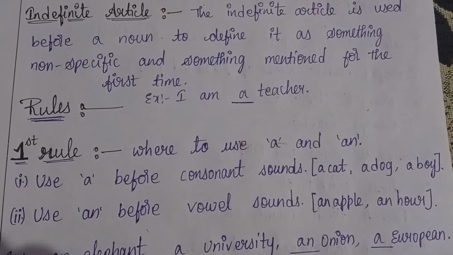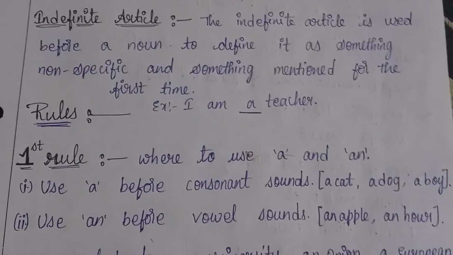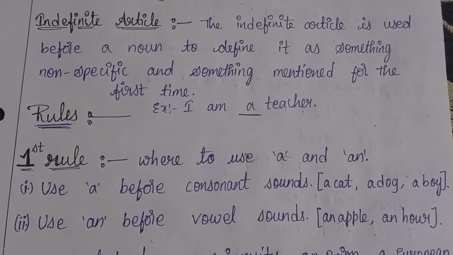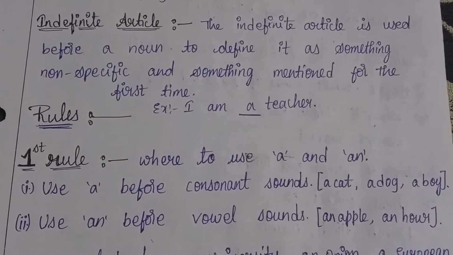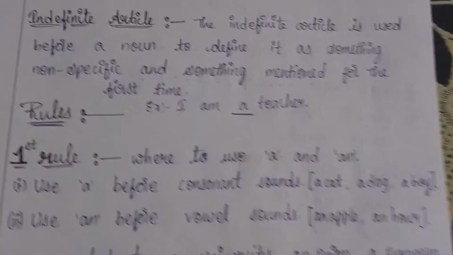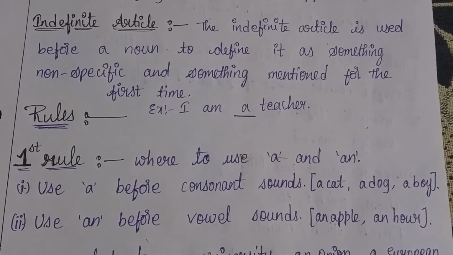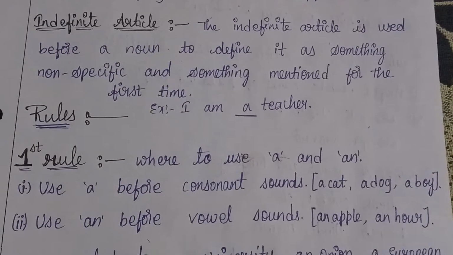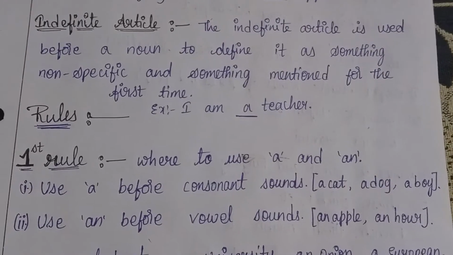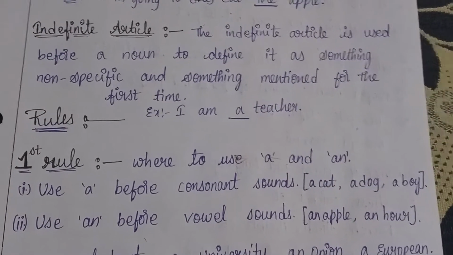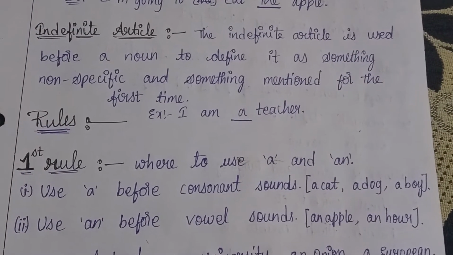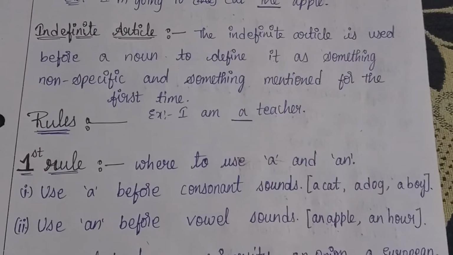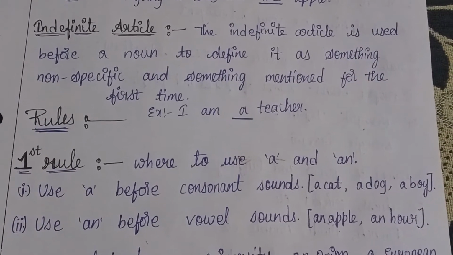Before going to this, what are vowels? Vowels are 5 letters in the English alphabet. They are A, E, I, O, U. So these are the 5 vowels, and the remaining 21 alphabets are consonants.